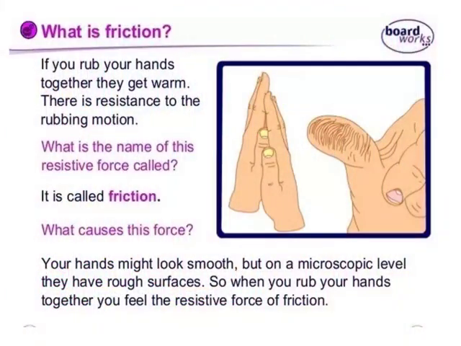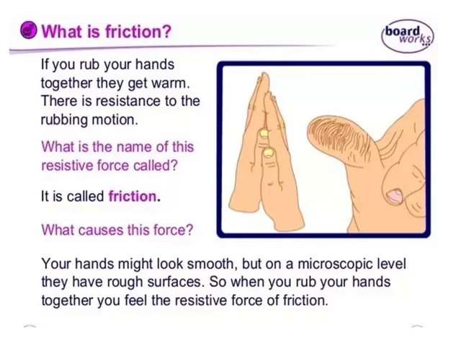Students, what is this friction? Come, let us check. So, here is the answer for that. What is friction? If you rub your hands together, they get warm. Just now we saw that. There is a resistance to the rubbing motion.